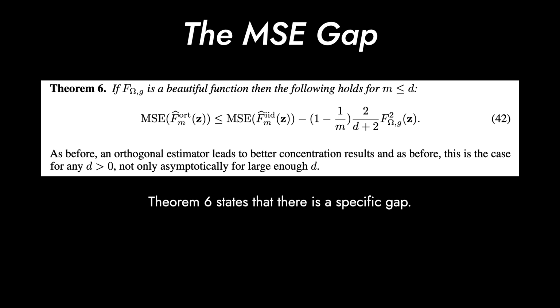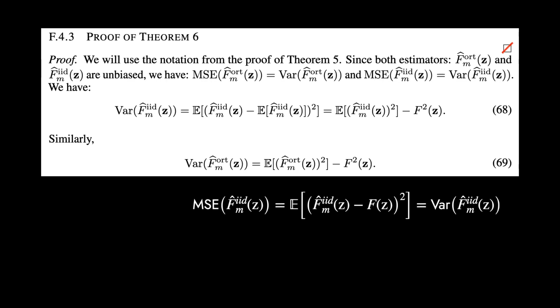Theorem 6 states that there is a specific gap. The proof uses similar approaches used in the course of the proof of Theorem 5. Let's start with the expectation of standard Monte Carlo estimators with m samples.